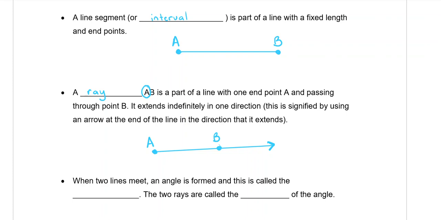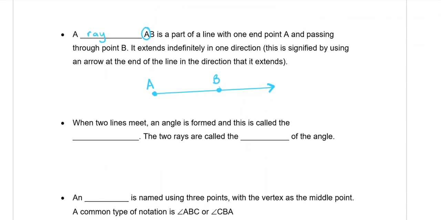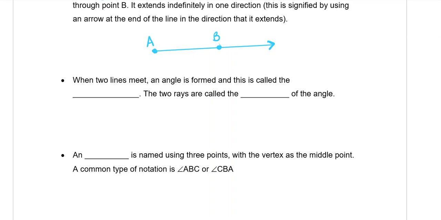When two lines meet, an angle is formed. This is called the vertex. The two rays are also called the arms of the angle. Okay, so we're starting to put more detail into these questions.